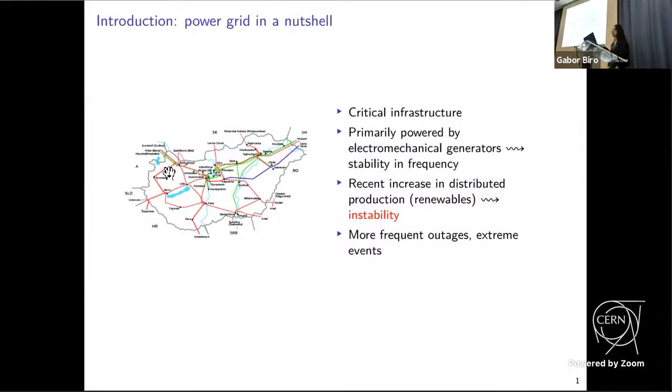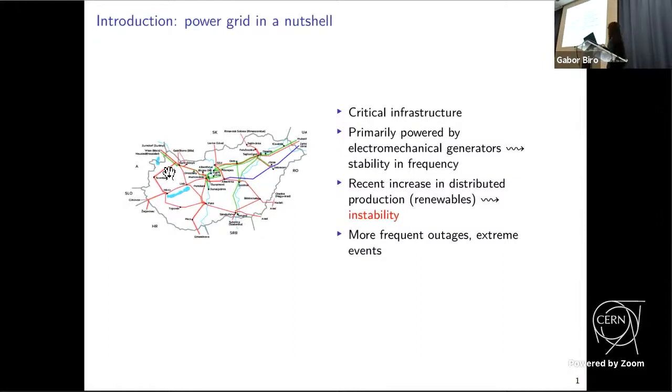Okay. So quick recap on power grids for those who are unfamiliar with these. Obviously, power grids are an essential infrastructure today for our civilization because they transmit the electrical power that we use for almost everything. Traditionally, power grids were primarily powered by these electromechanical generators. So these generators supply a bit of stability to power grids, but lately these power grids are under a lot of pressure thanks to the spread of renewables.